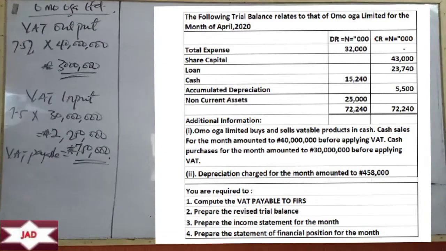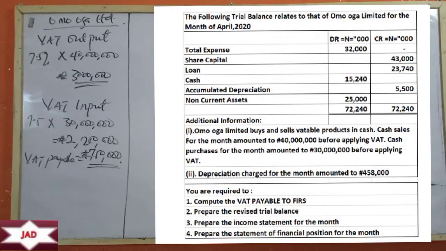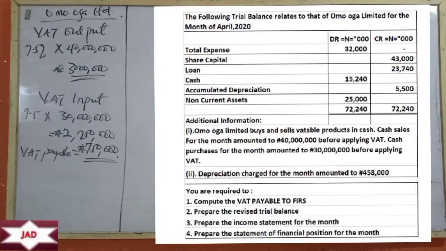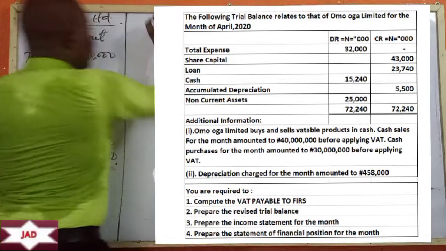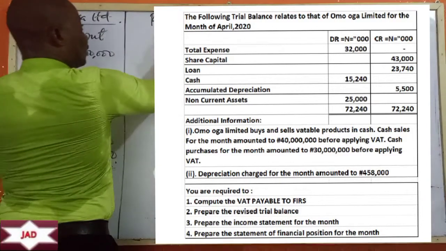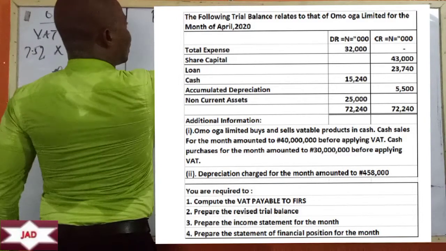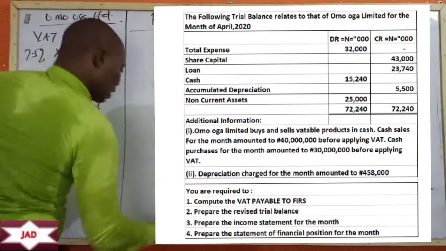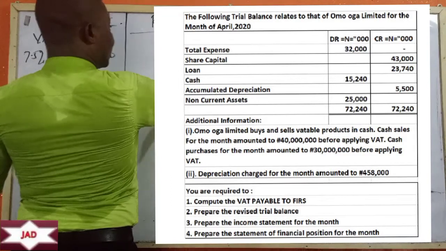So that's it for the VAT payable. The next one here, they say we should prepare the revised trial balance. Of course, you know, we have debit, we have credit, right?